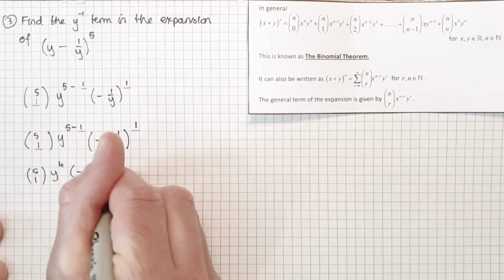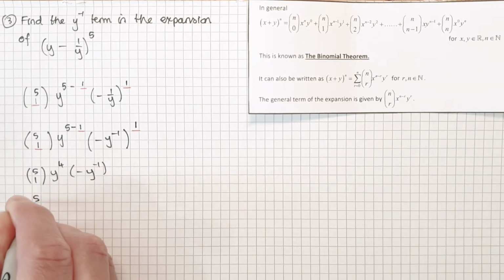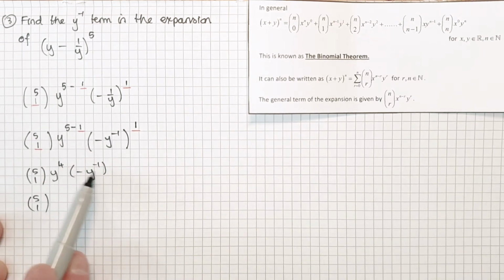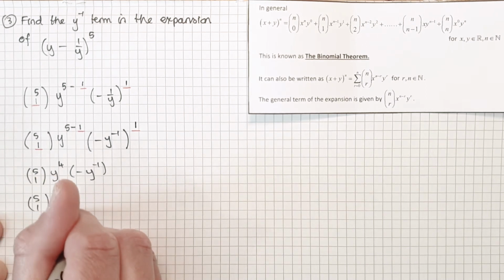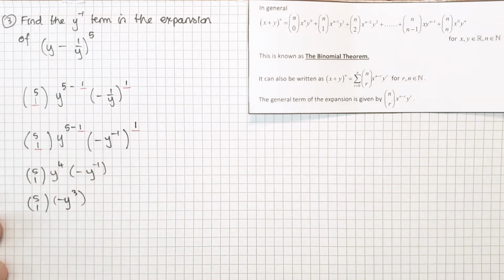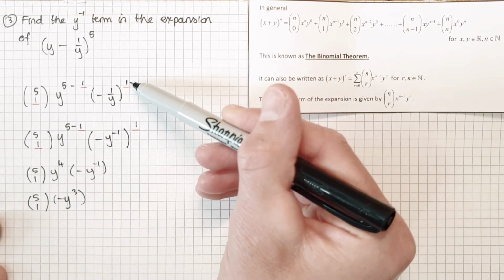When you tidy that up, you've got to add the powers, if you remember that rule from indices. So add the 4 and the negative 1, so it's going to be negative y to the power of 3. So that doesn't give us the y to the power of negative 1 term that we're asked for. I just showed you that to show you why it's not 1.